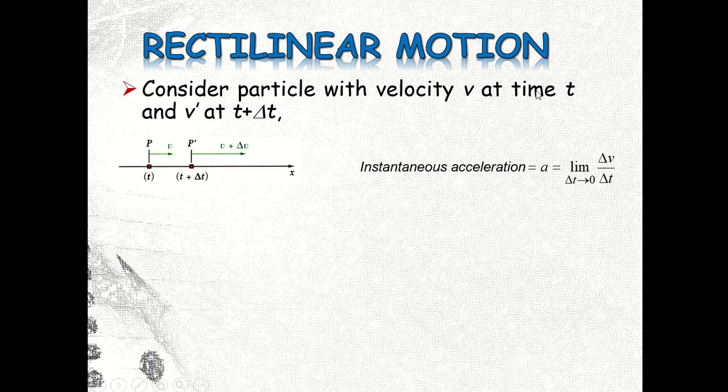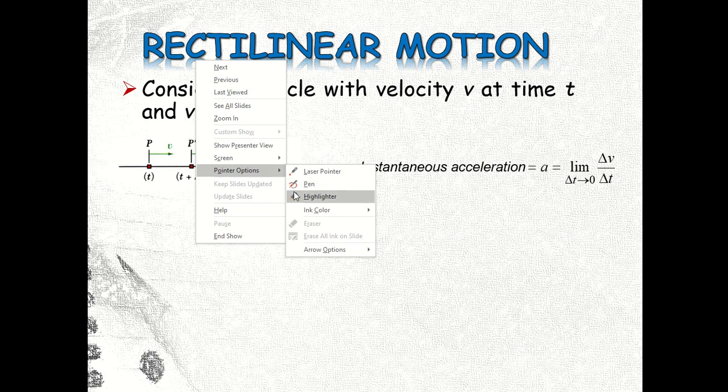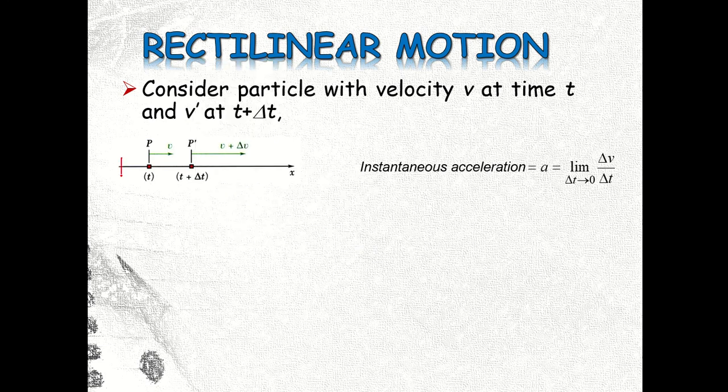Okay, so consider a particle with velocity v at time t. We have here the illustration which is similar to the one I have shown a while ago. We assumed that the particle moves from this point O, and it takes time t to reach this point P. Then the particle moves towards P prime.